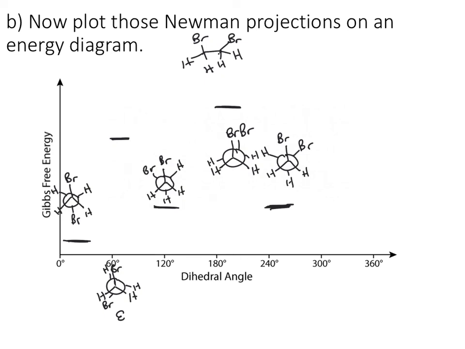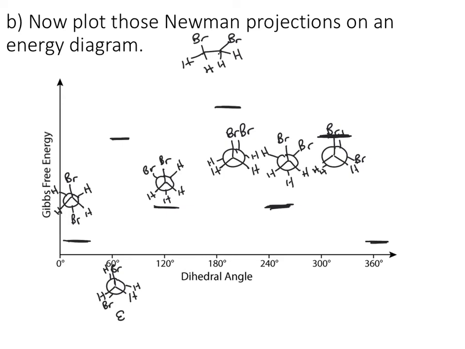Then I rotate again, and I'm going to go back to an eclipsed. And this eclipsed is about the same as the eclipsed at 60 degrees, so the energy level needs to be the same as the one at 60, so I'm going to put it right on top of that there. And then at 360, we would be back to what we started with.